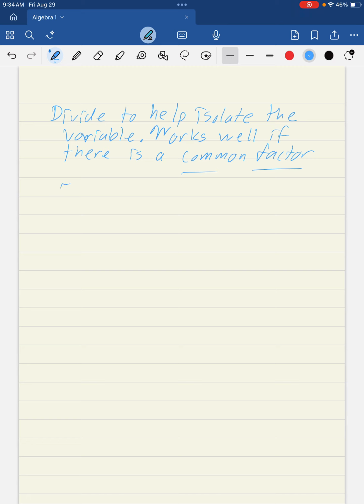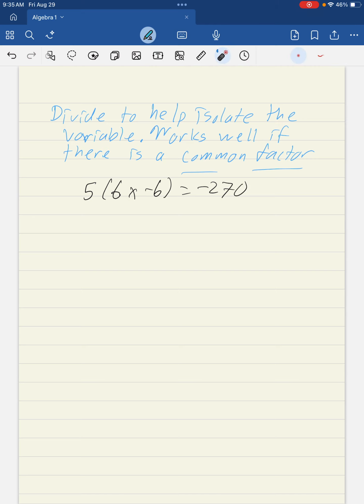One of our problems was 5 times 6x minus 6 equals negative 270. For this to work, I have to divide by this guy. But I have to see, does it actually fit evenly into 270?